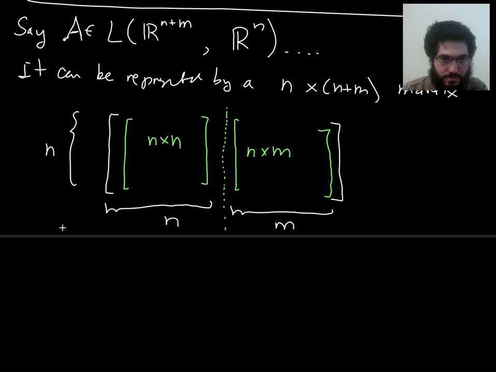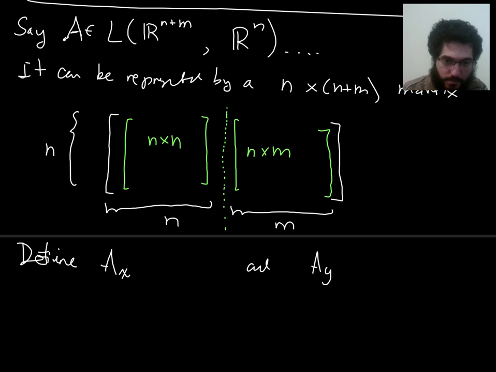So instead I'm going to follow how Rudin defines it, but just imagine if you're representing things in the standard basis, then what we're doing is cutting the matrix so that we have two matrices: a square n by n one, and then a not necessarily square one. So here's the idea. We are going to define two linear maps. Given a linear map A, define a linear map A_x and a linear map A_y. A_x is going to be a linear map R^n to R^n.